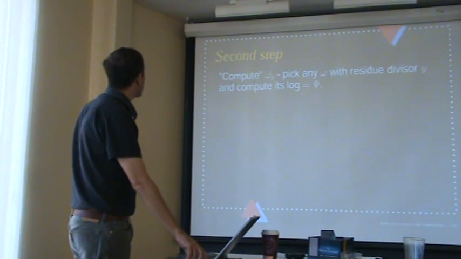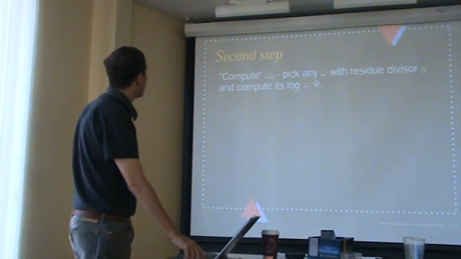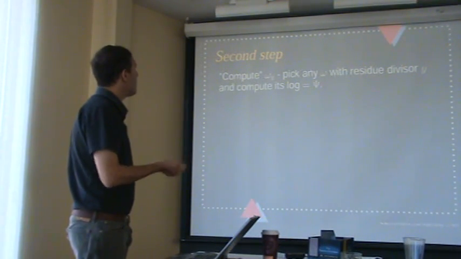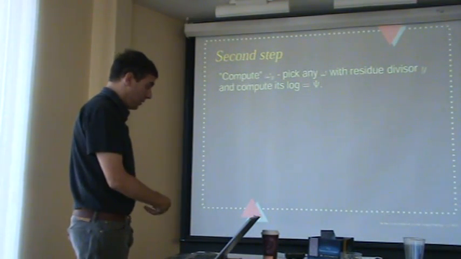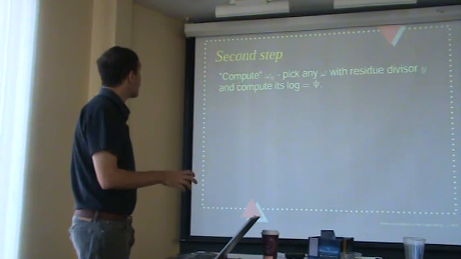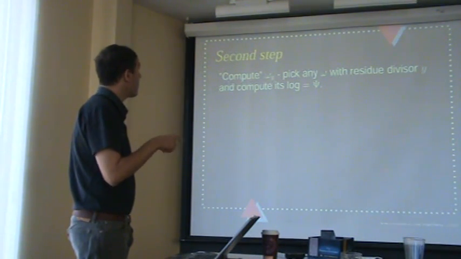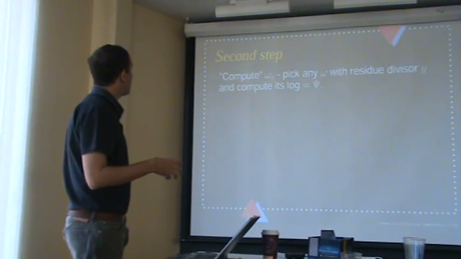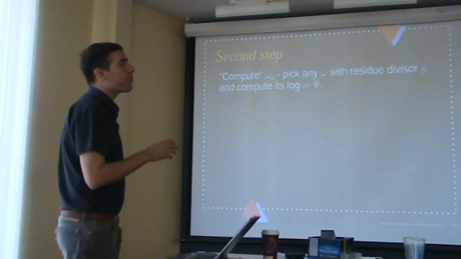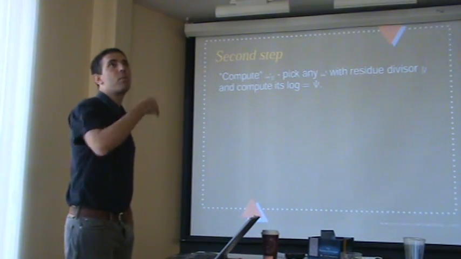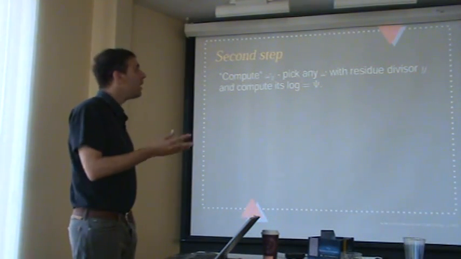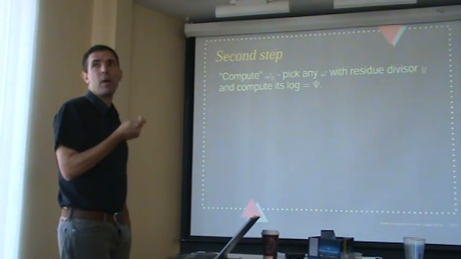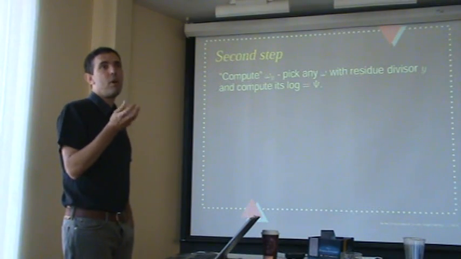Okay. So now here's the second step. The second step is to compute this omega y, which I remind you is this form such that its residue divisor is my given divisor, and such that its log sits in my W. Now I should say that here I'm going to pretend that I'm working over a sufficiently high extension of the algebraic closure, so I'm going to think about my divisor as being a sum of points.